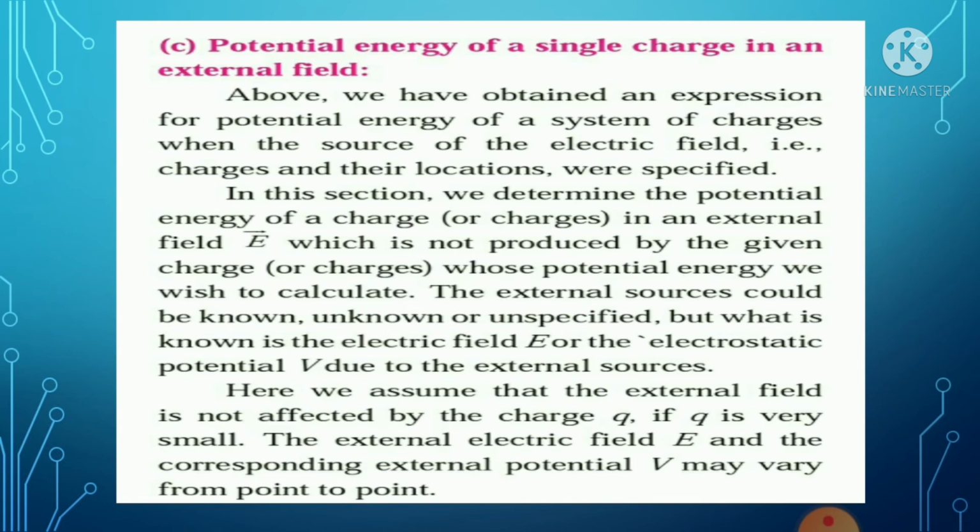If Q is very small, the external electric field E and the corresponding external potential V may vary from point to point. That is, electric potential and electrostatic field vary from point to point.